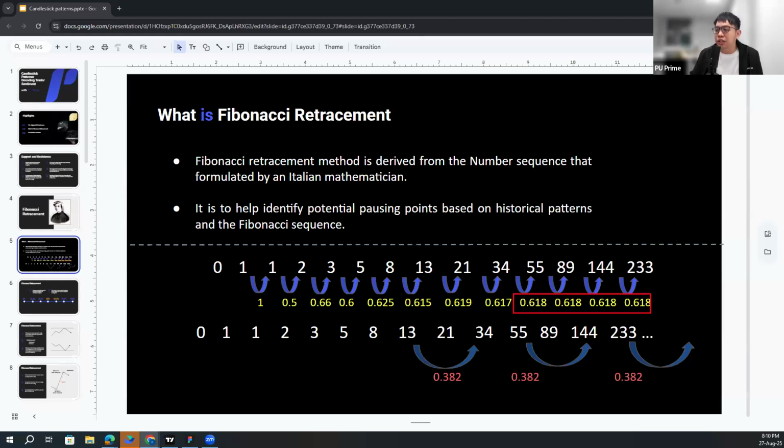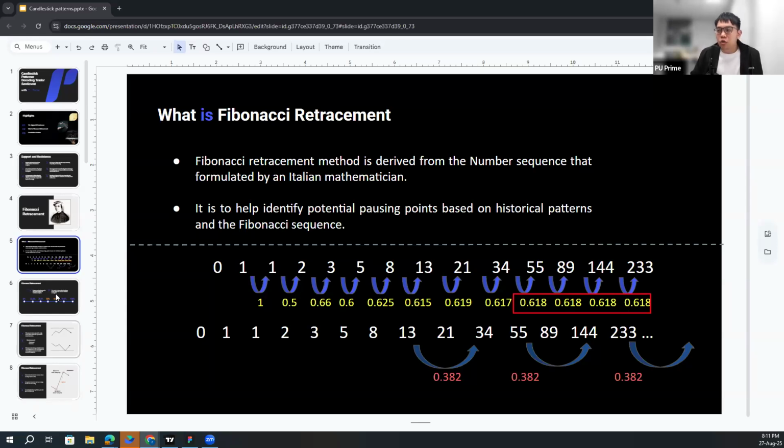All of these numbers are derived from the sequence here. They look for patterns and try to find the law of nature, and then we try to stick with it to understand what the market is doing and to tell what the upcoming price action is going to be.